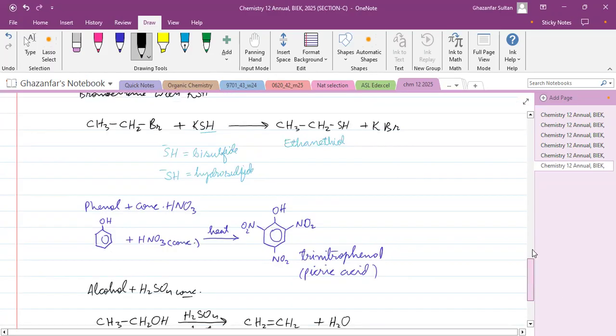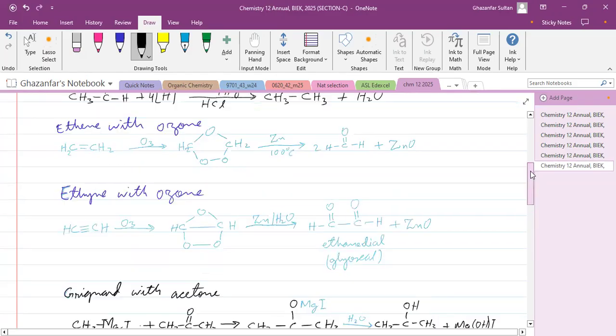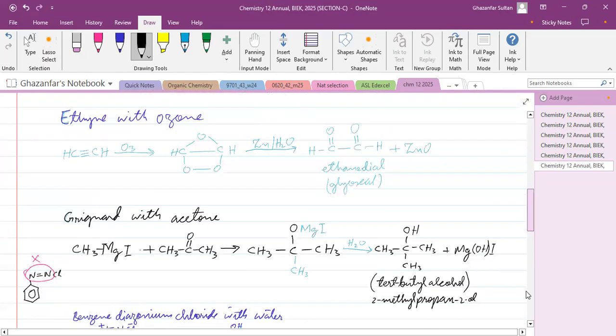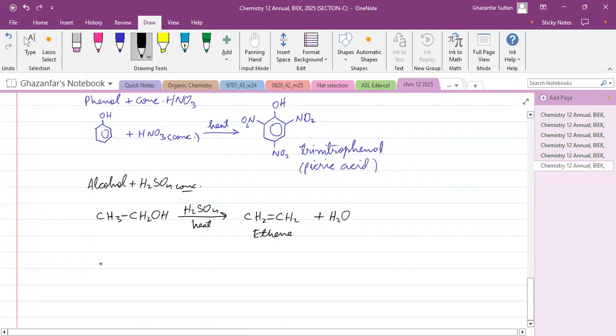And the last reaction is the reaction of ethyne with water under specific conditions. Ethyne with water, under specific conditions.